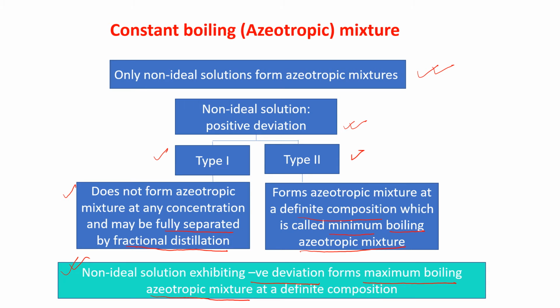Type 2 positive deviation forms an azeotropic mixture at a definite composition, which is called a minimum boiling azeotropic mixture, and the negative deviation of a non-ideal solution forms a maximum boiling azeotropic mixture at a definite composition. Now we will discuss the minimum boiling azeotropic mixture and the maximum boiling azeotropic mixture.